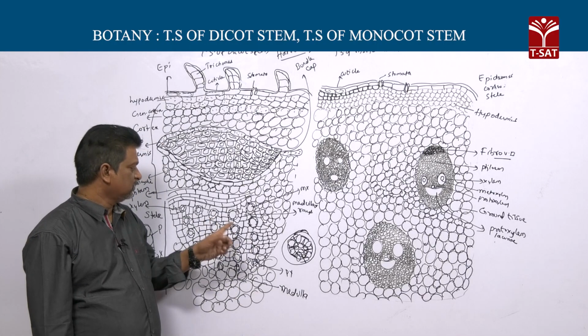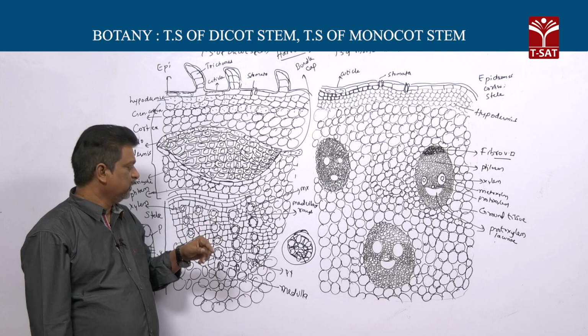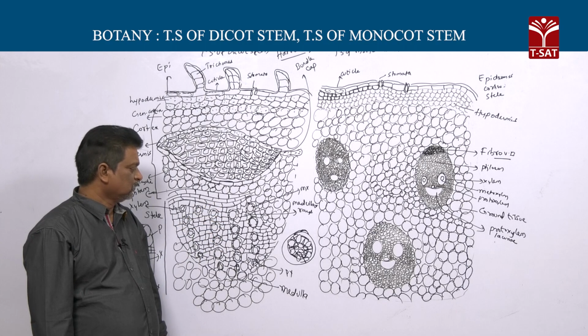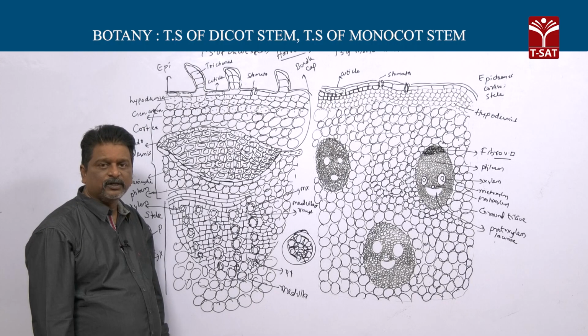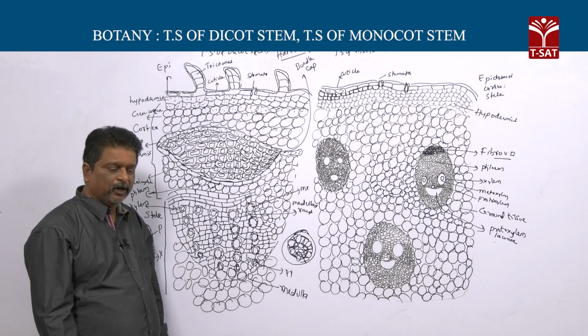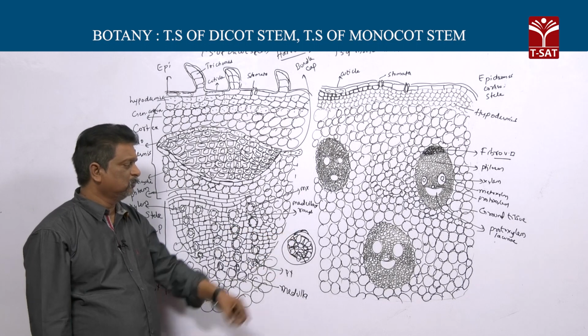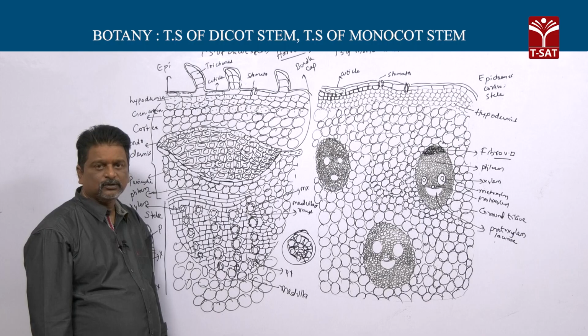Then in dicot stem, medulla is enlarged. So, among stems, medulla is enlarged in dicot stem and absent in monocot stem. Among roots, medulla is enlarged in monocot root and reduced in dicot root.